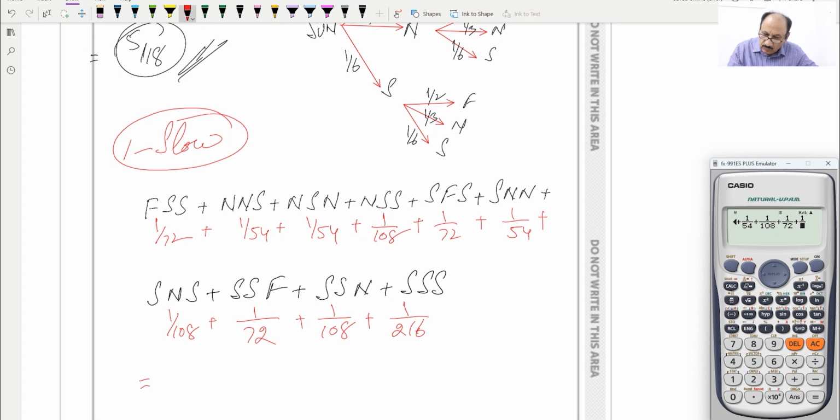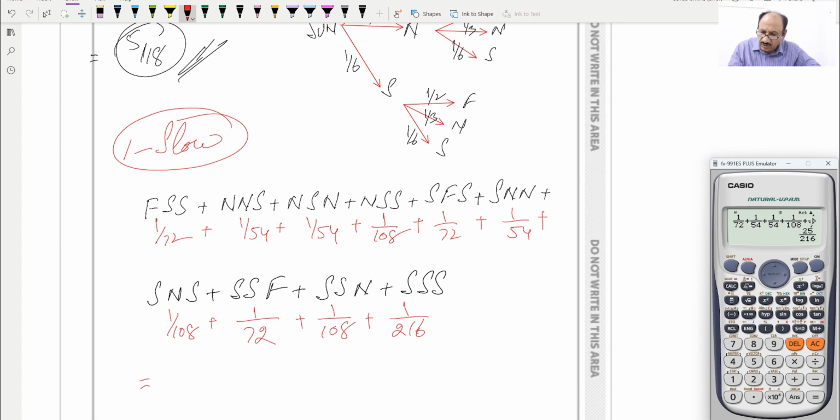So last two numbers we will add later. We will calculate this. We need to remove this one here. So we can remove this one and calculate.